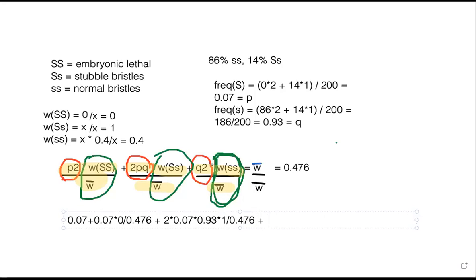And then our next term is going to be 0.93 times 0.93 times 0.4 divided by 0.476. And that's all going to add up to 1, because lest we forget, W bar divided by W bar is always going to be equal to 1, no matter what W bar happens to be.